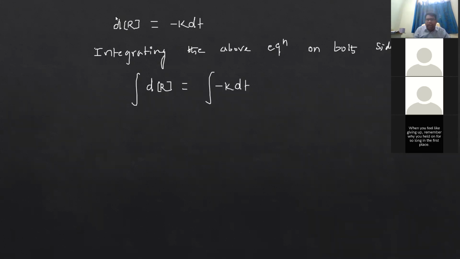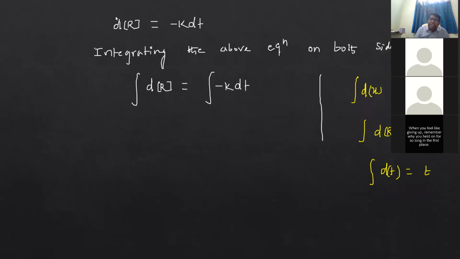One mathematical formula: the integral of dx is equal to x. Therefore, the integral of d[R] is equal to concentration of R. Or the integral of dt is equal to t.